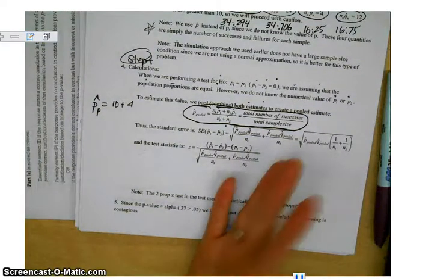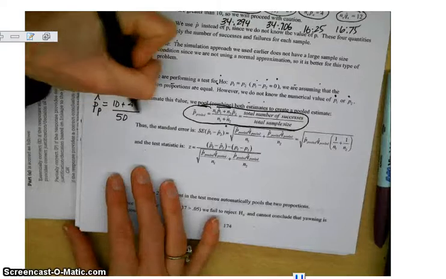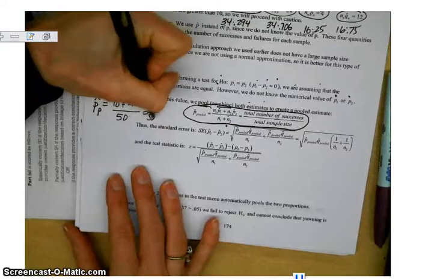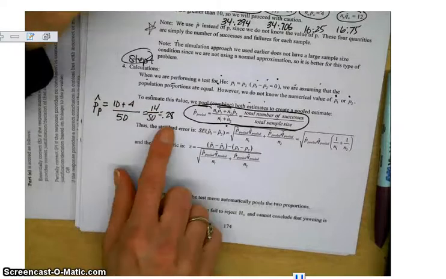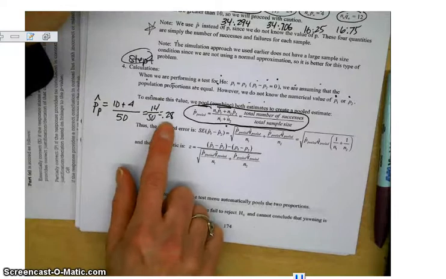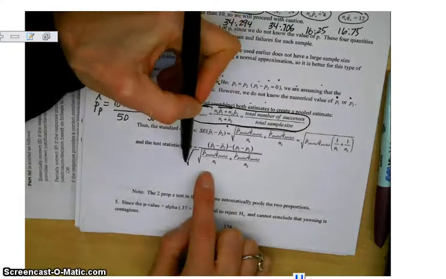So in other words, the number of successes in both groups. How many yawned? 14 people yawned. Out of how many total people were there? 50. So 14 out of 50, or 0.28, would be our pooled p hat. And that's what you use when you're finding the standard deviation.